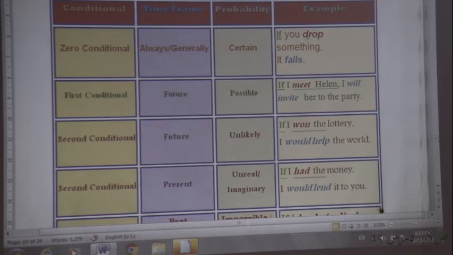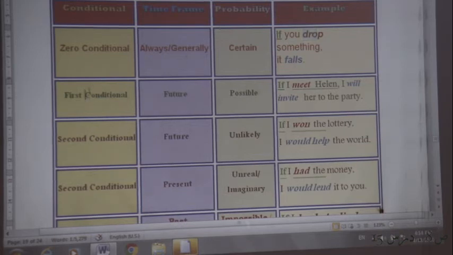So if you drop something, it falls. You are talking about facts. Both parts are in the present simple, and here the probability is certain. It's a fact.